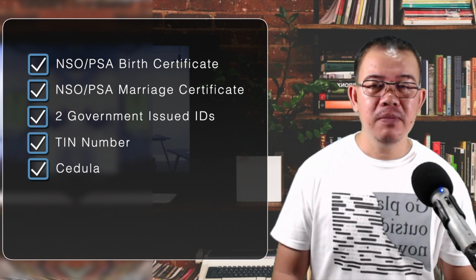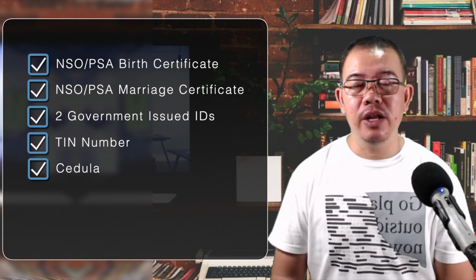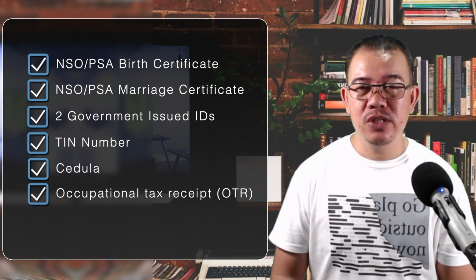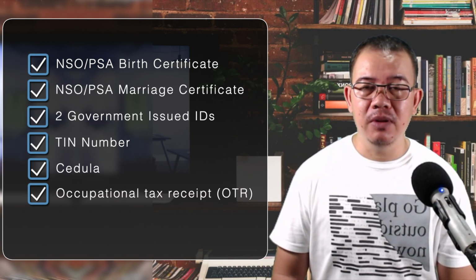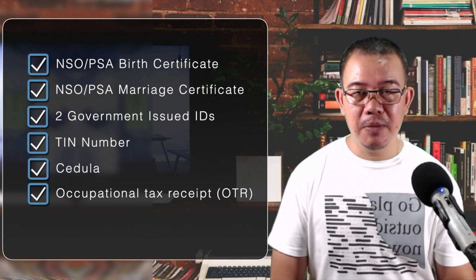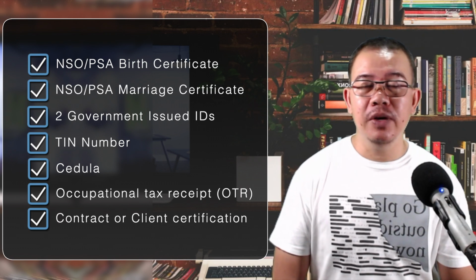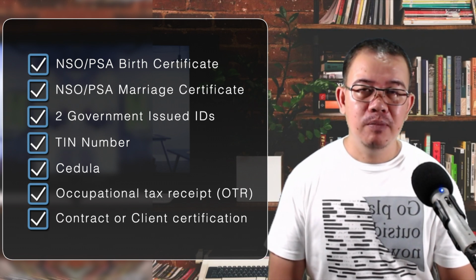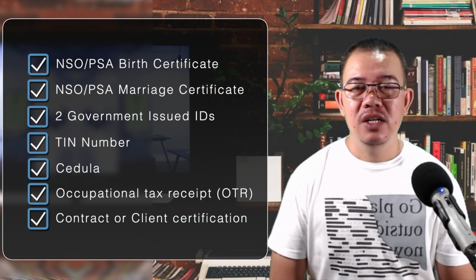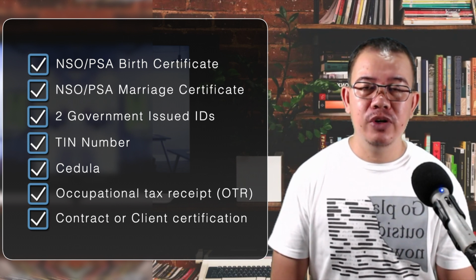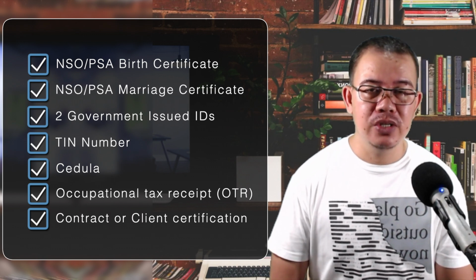And at the same time, you can also apply for an occupational tax receipt or a professional tax receipt, whichever is applicable in your case. Now, if you have a contract with the company or the client that you are working with, you can also present that as part of your documents to submit to the BIR RDO where you're registering your business.